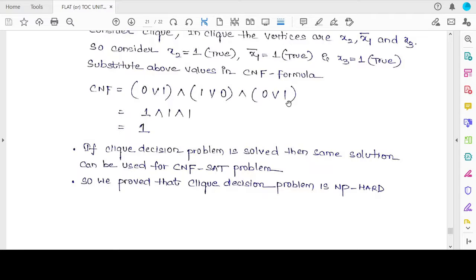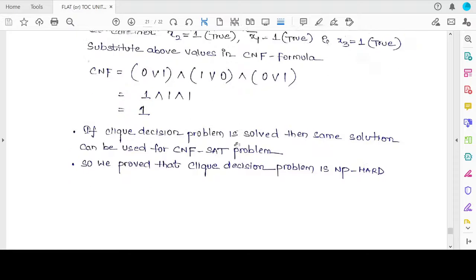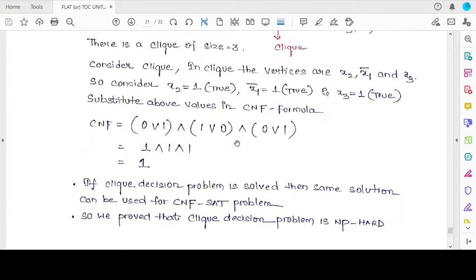We proved that the solution of the clique decision problem can be used for solving the CNF satisfiability problem. Based on this, we proved that the clique decision problem is NP hard. To prove that the clique decision problem is NP hard, what we have done here is we have taken the base NP hard problem, that is an already known NP hard problem.